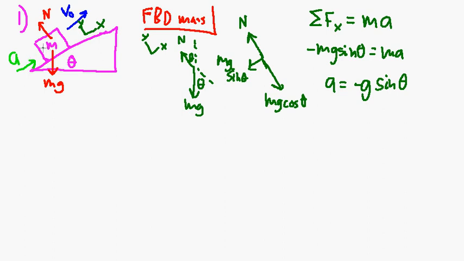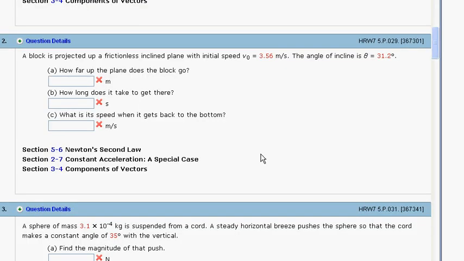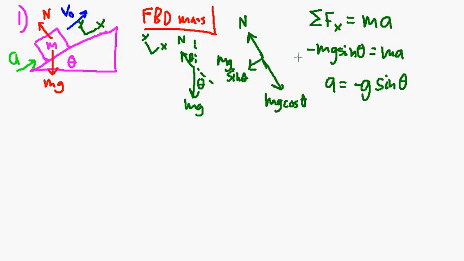So let's go back and see what our questions were. How far up the plane does the block go? Well, we have this object starting there, and it goes up the plane some distance.